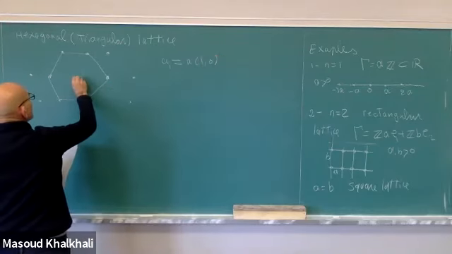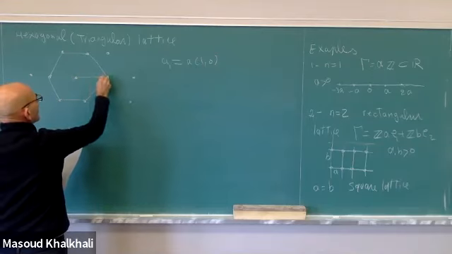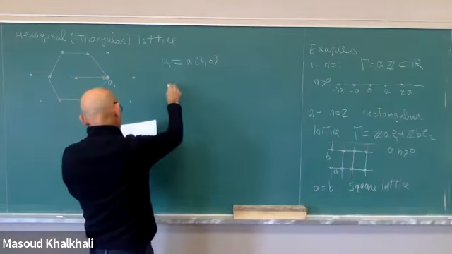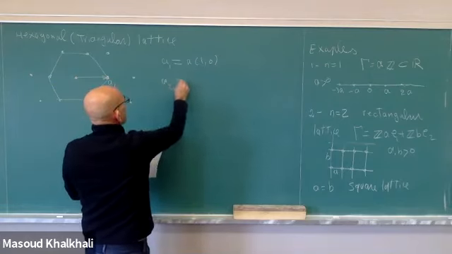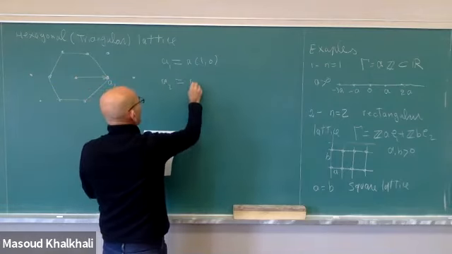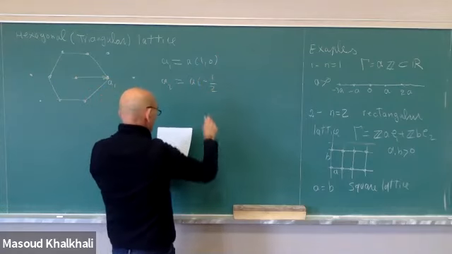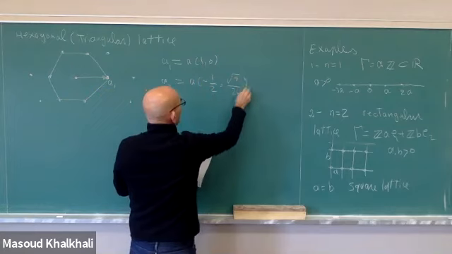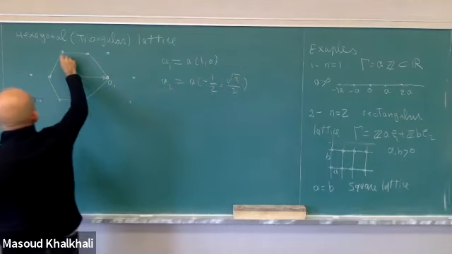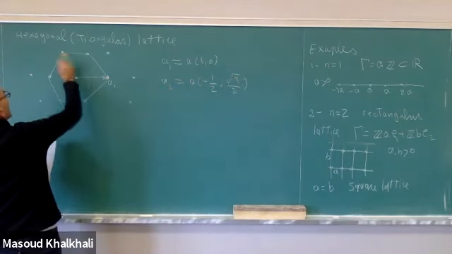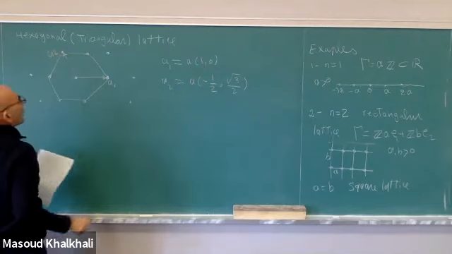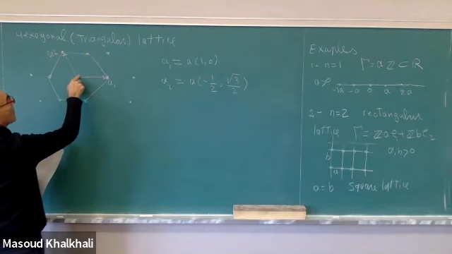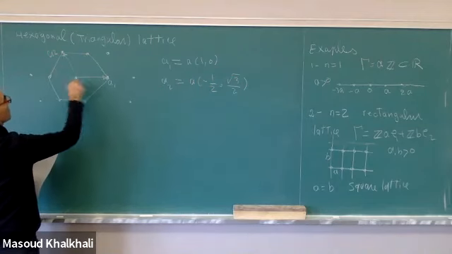So this could be 0, and this is your vector A1, and A2 is A times (minus 1/2, root 3 over 2), a third root of unity, so it's this one. Of course, you could take this as another basis element. That's also possible, but I just took these two.